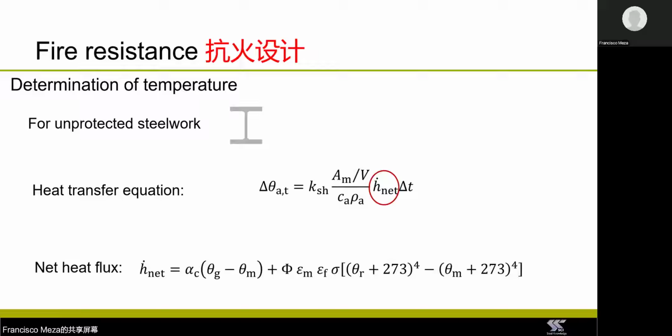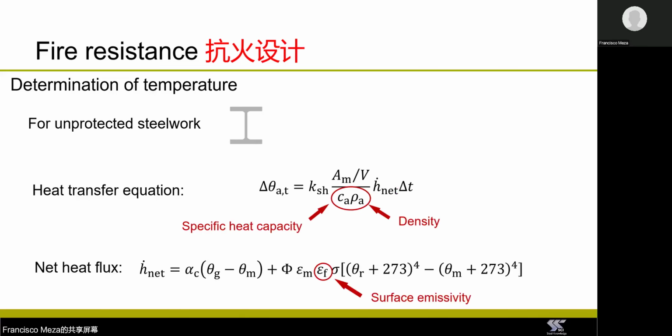But the parameters that I want you to pay attention to are those that reflect the thermal properties of the steel. And these are the ones I'm showing here. So these material properties are the specific heat capacity, the density, and the surface emissivity of the steel. And as you can see, they will affect the rate at which the temperature of the steel member increases.